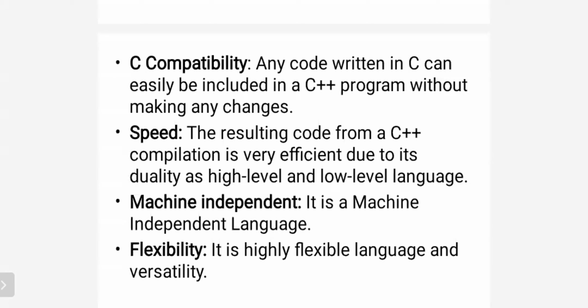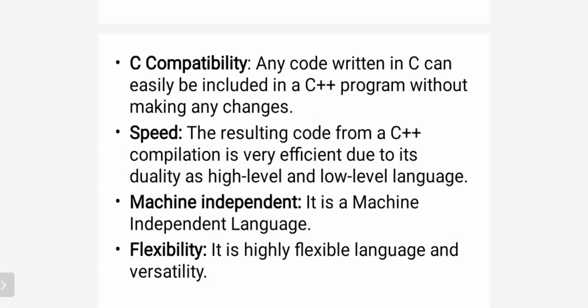The next characteristic is speed. C is a middle level language. It requires some software to translate C language to machine language. Here the C++ language has two pieces of software, an interpreter and a compiler. These can be used to compile our C++ code to machine code.